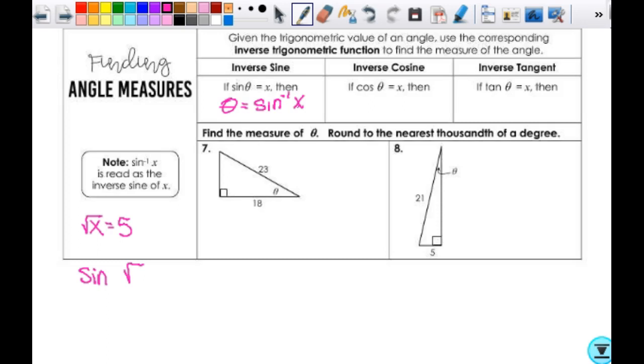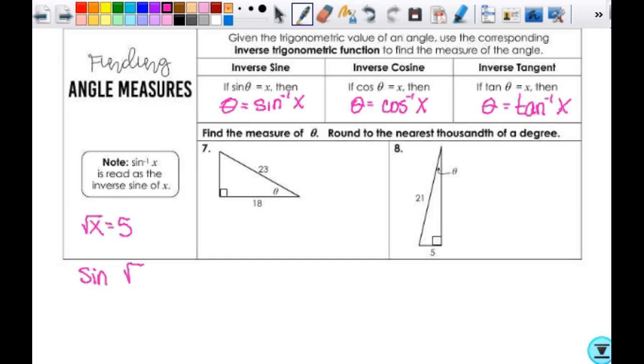Then cosine of theta equals x means that theta is equal to the cosine inverse of x, and then theta would equal the tangent inverse. You can see it as tangent inverse, inverse tangent, or arctangent. They all mean the same thing, just different ways to express it. Okay, we all good with that?